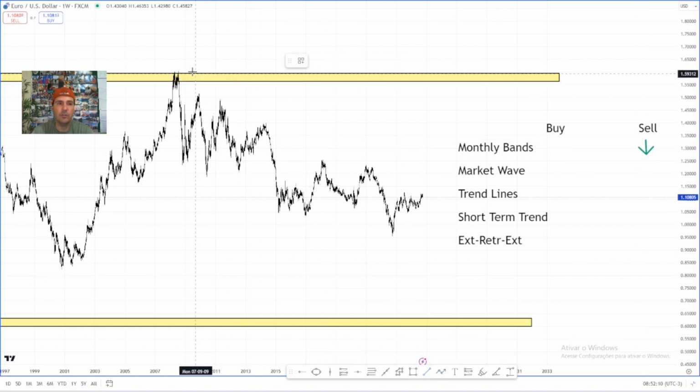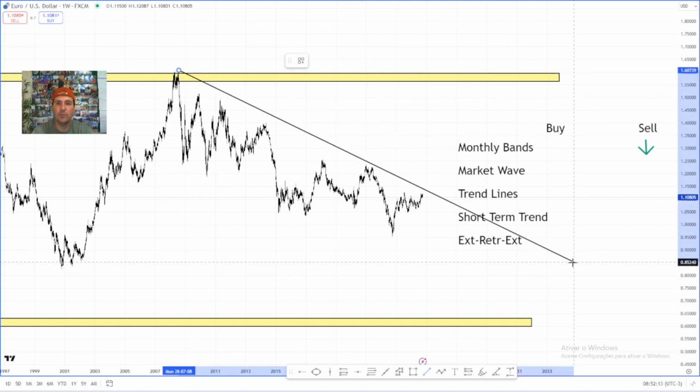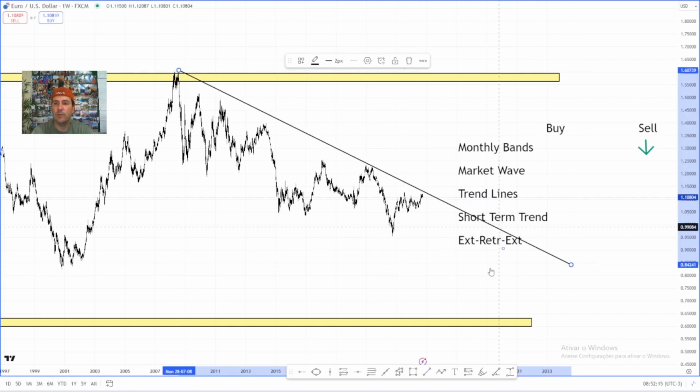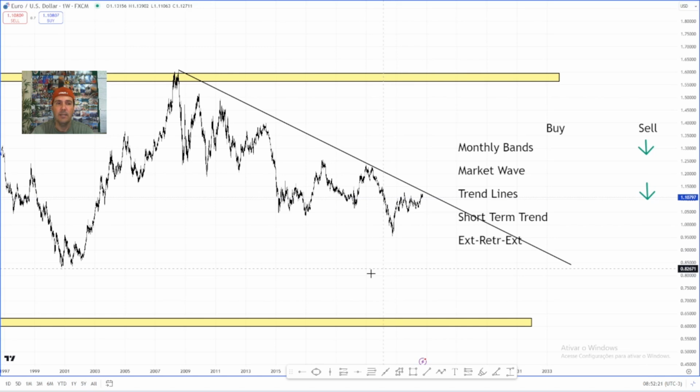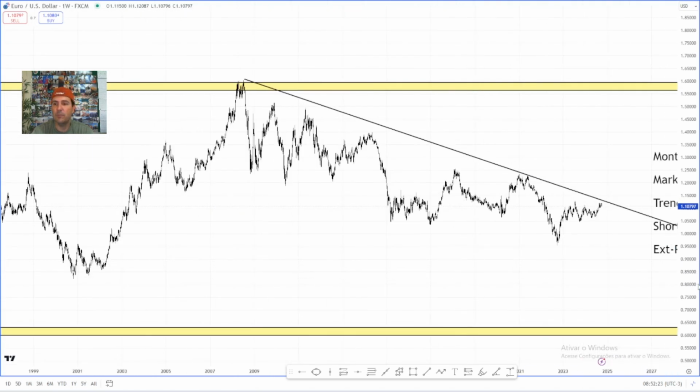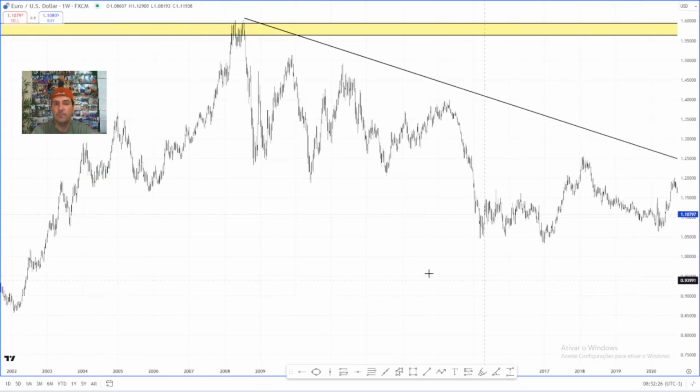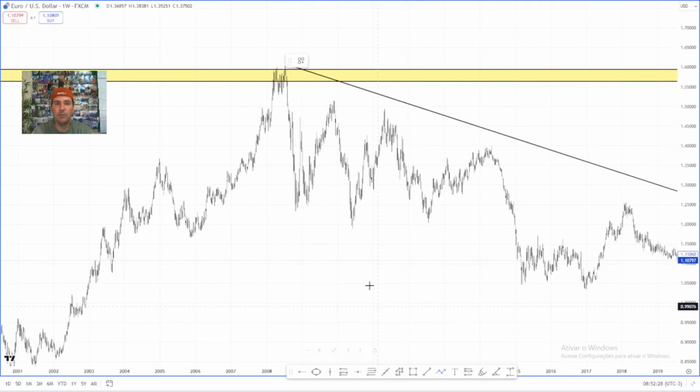Trend lines. We're going to do something similar to the monthly. The long-term downtrend line is down, so it's a sell. Now we're going to zoom in and chart the market wave. So it's extension, retracement, extension, retracement, extension.